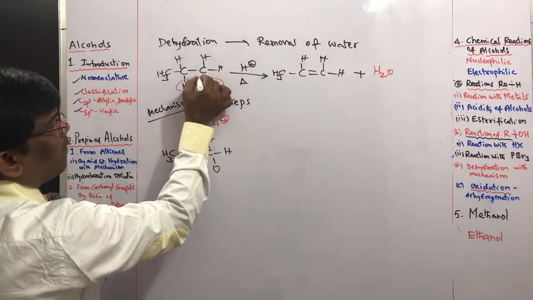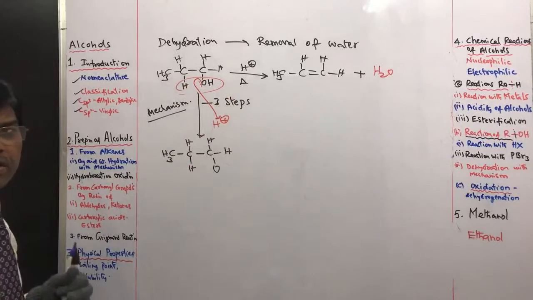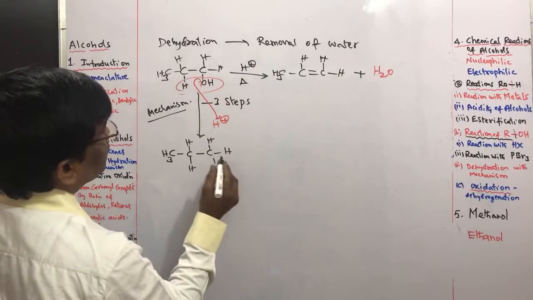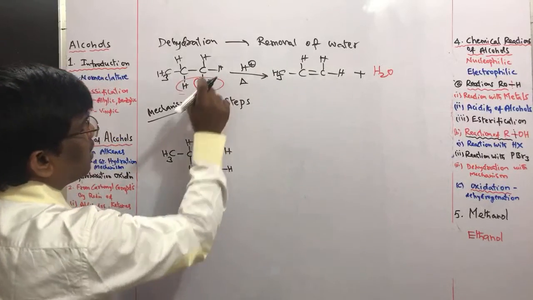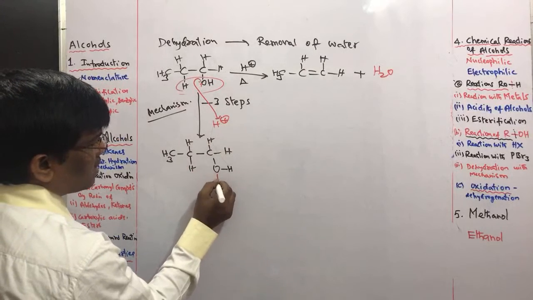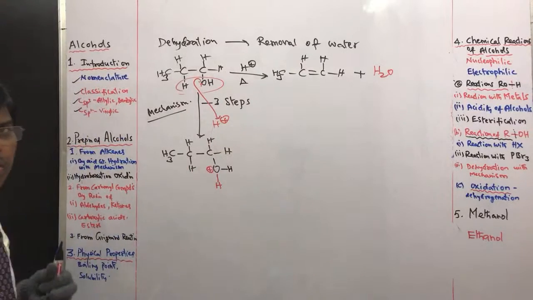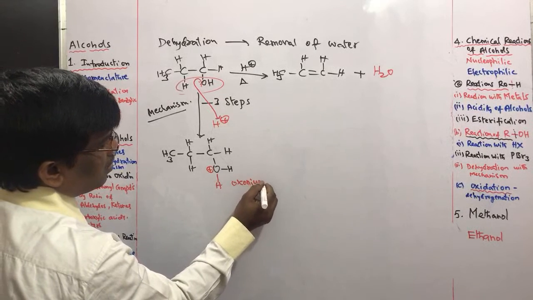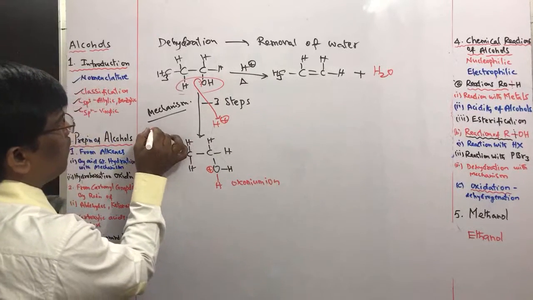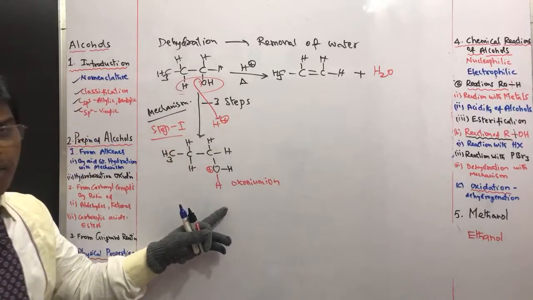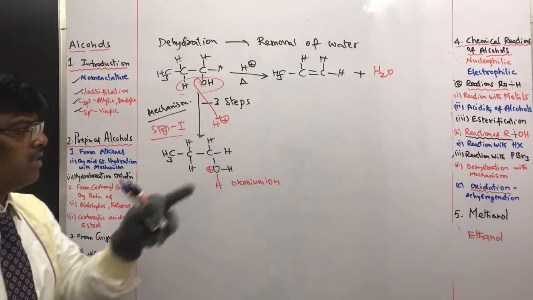The lone pair of electrons on oxygen is going to be protonated, so along with the already present hydrogen, a new hydrogen has come to give the oxonium ion. This is step 1, where formation of the oxonium ion takes place.